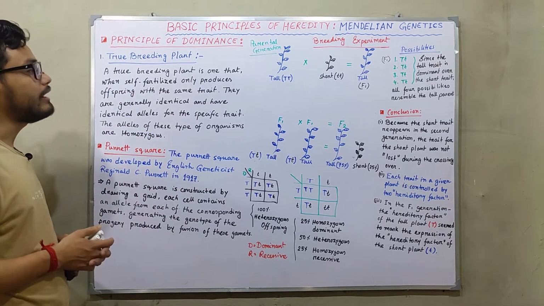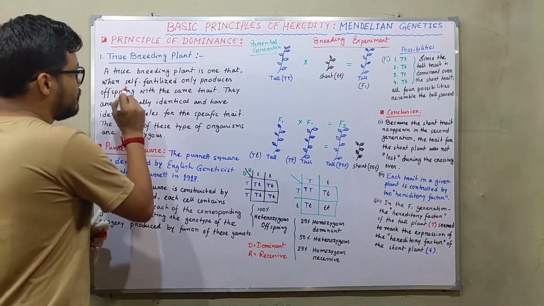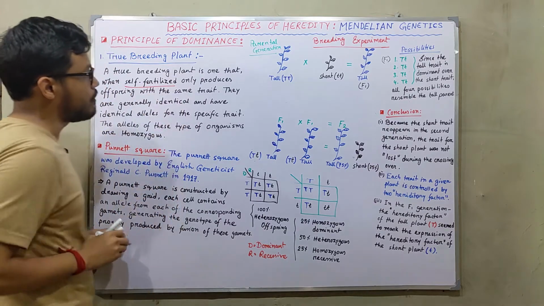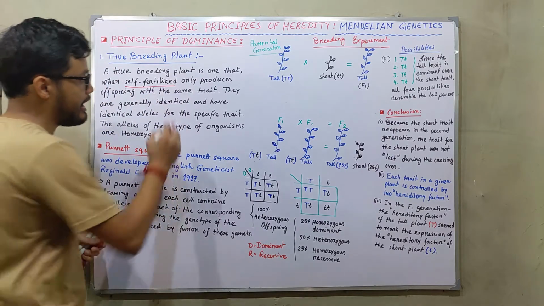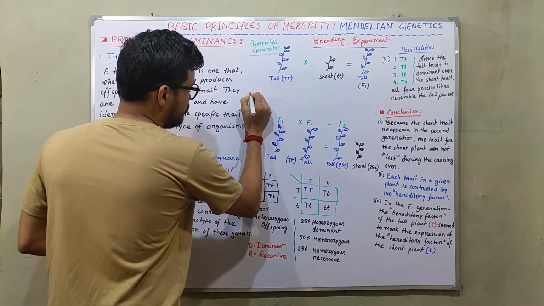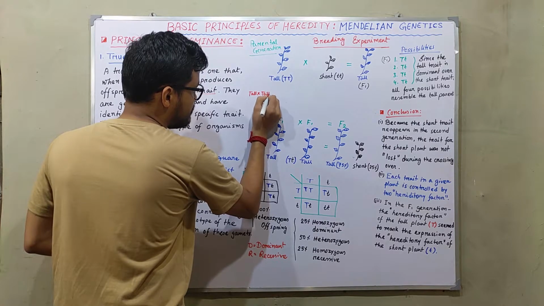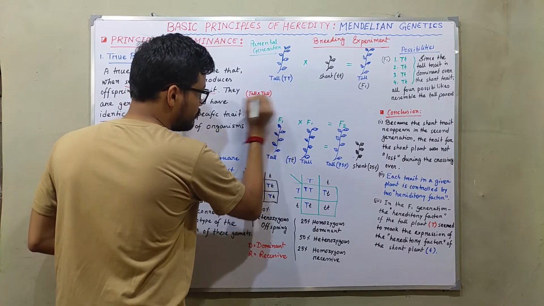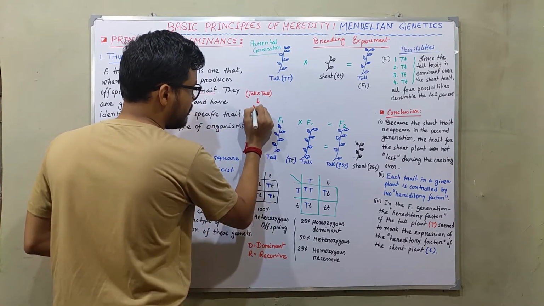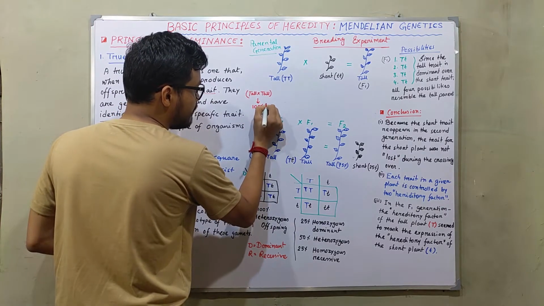A true breeding plant is one that, when self-fertilized, only produces offspring with the same trait. That means if I cross a tall plant with another tall plant, both true breeding, in the next generation I will observe 100% of the plants are tall.